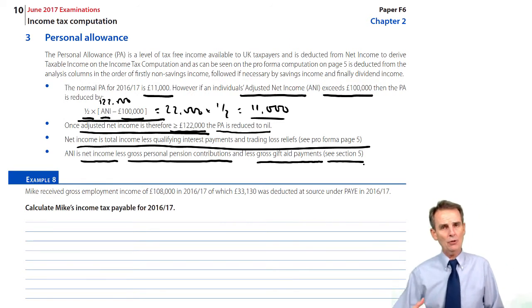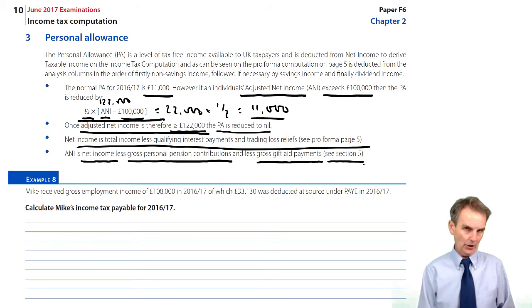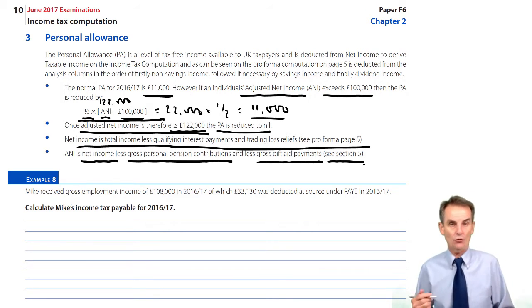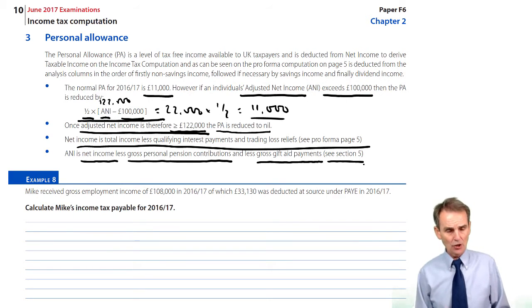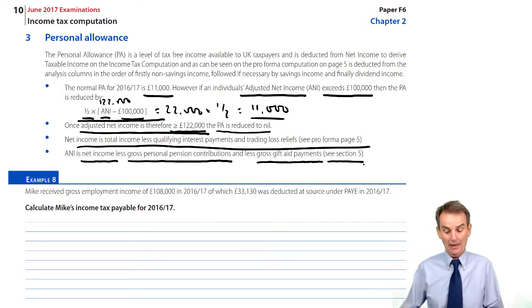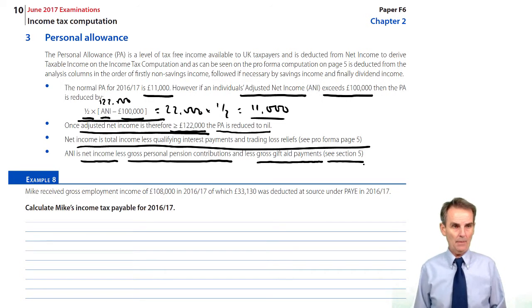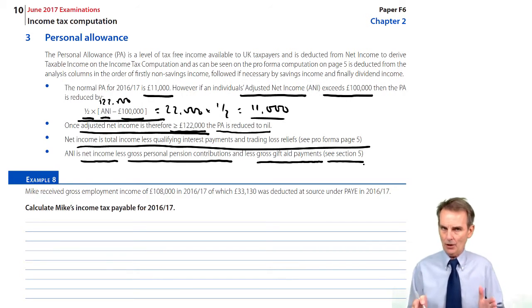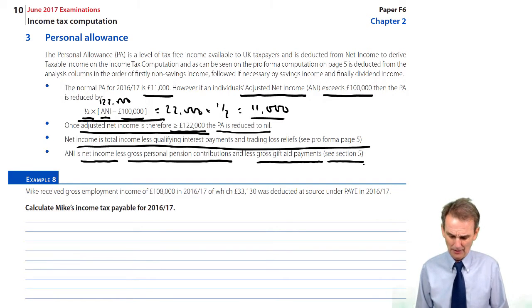Now, what we mean by gross, how we get the gross figure, we'll talk about in section 5, where we bring them into our examples. Description, explanation, and other details pertaining to them, that's for a little bit later. But if you've got that number in a question, what do you do with it? That's what we need to sort out at this point in time.